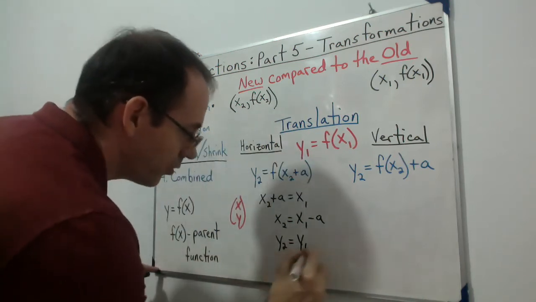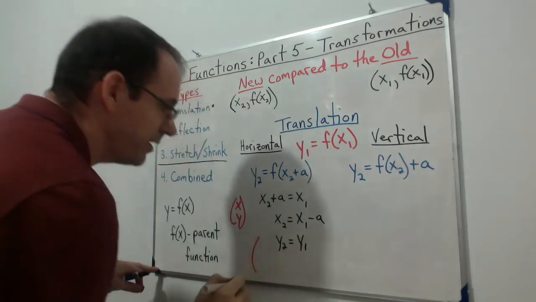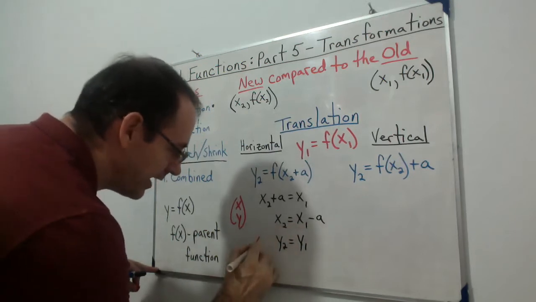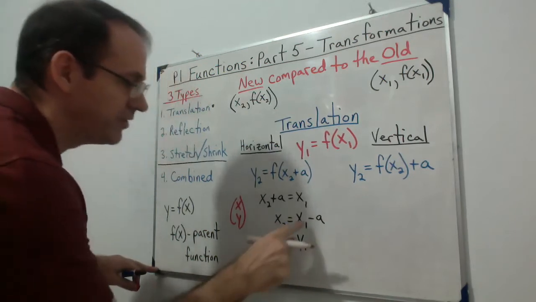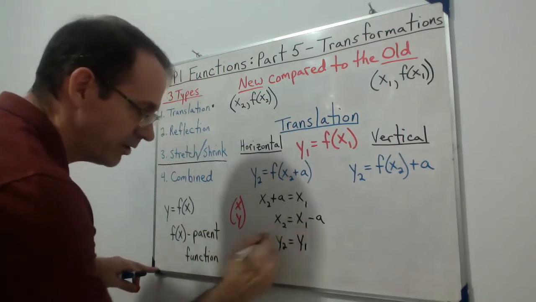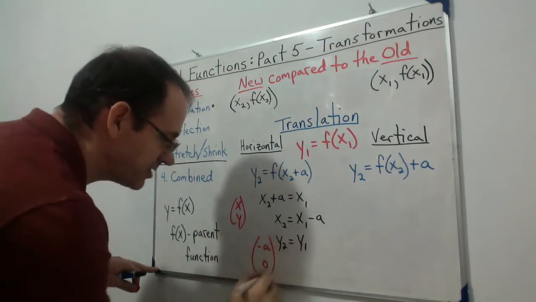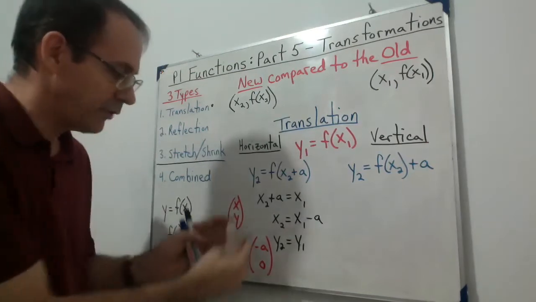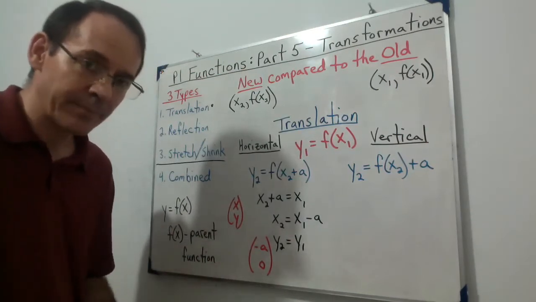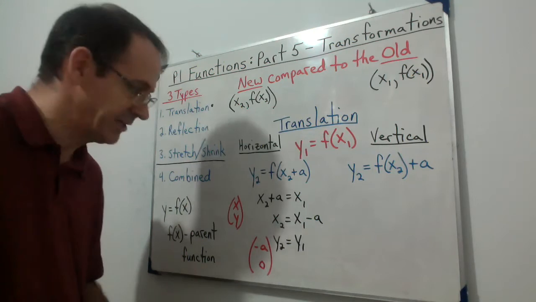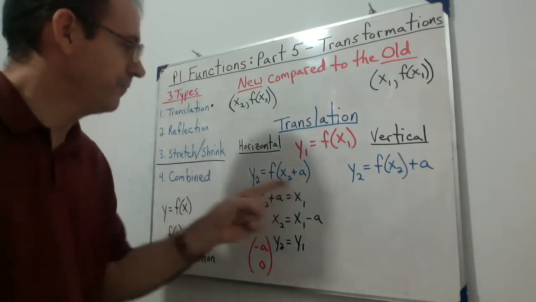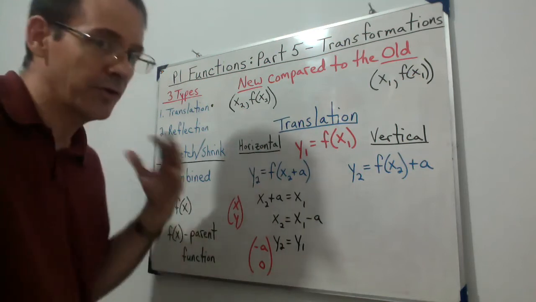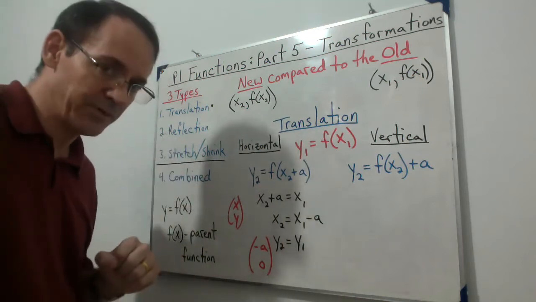So your column vector for this would be negative a for the x. Your x is moved negative a units. Your y is not changed at all. So Cambridge might give you a column vector representation, or they could give you an algebraic function representation, or they could give you the graphic representation.